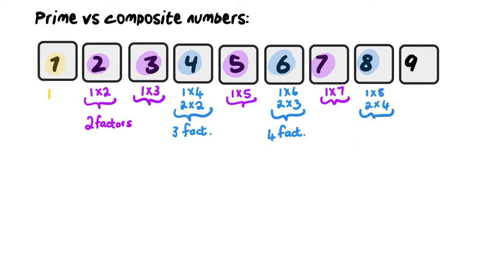So 8 also has 4 factors. And so does 9. It has 1 times 9 and 3 times 3. So it means it actually only has 3 different factors. 2, 3, 5, and 7 are all called prime numbers. Prime numbers can be defined as numbers with only 2 factors.